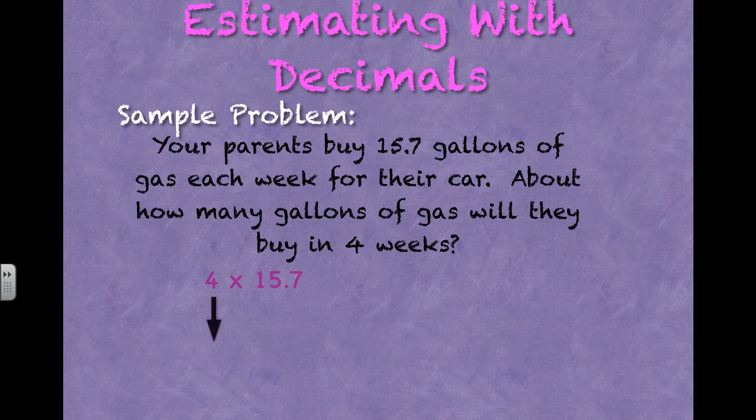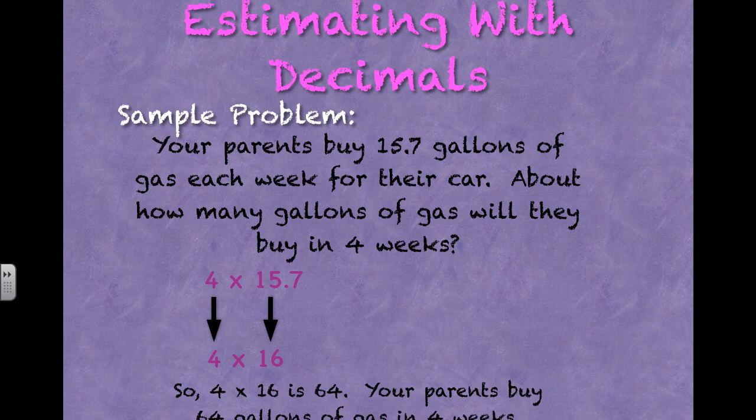We have to round those numbers, leaving 4 the same, but rounding 15 7/10 to the nearest whole number. Our problem becomes 4 by 16. 15 7/10 is closer to 16.